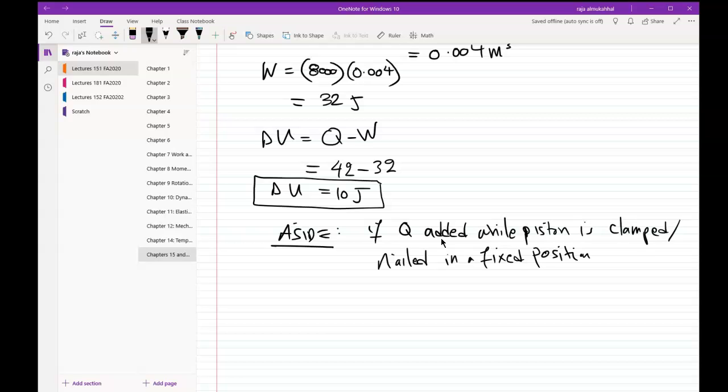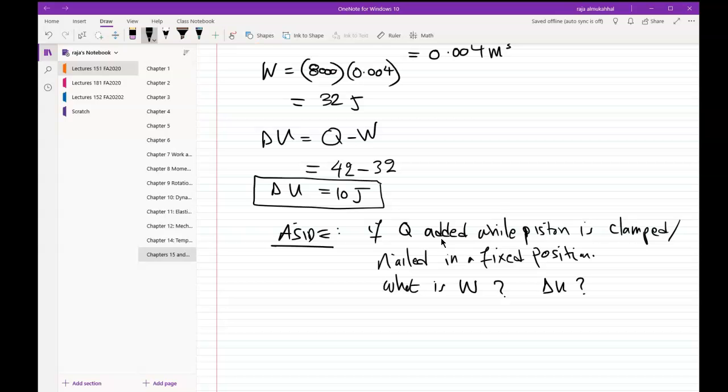What does that mean? It means I am keeping the volume constant. This is an isochoric or isovolumetric process. So now he's asking the question, what is W and what is delta U in this case?